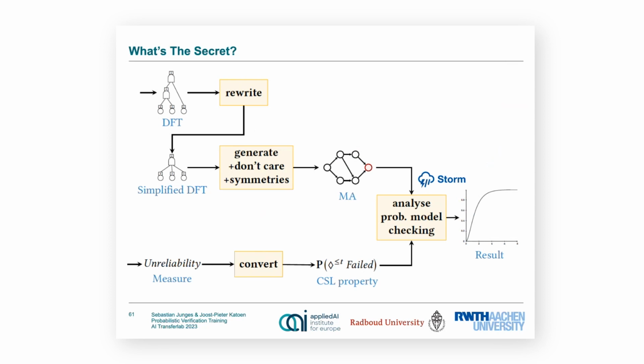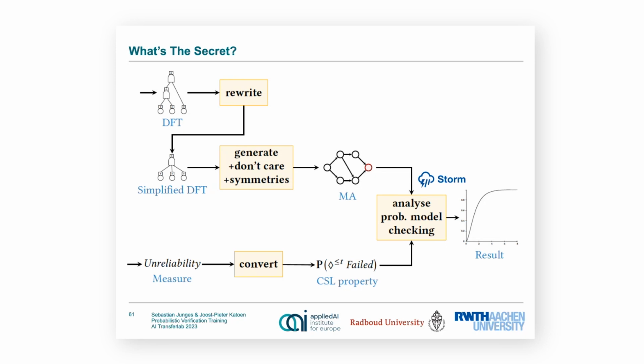What's the secret? The secret is the following. What we do is similar to model checking. We have a model and we have a specification. The specification is at the bottom. This is something like a reliability or an unreliability measure: the probability that within a certain amount of time t, the system will fail. That's the typical property that you would like to analyze.